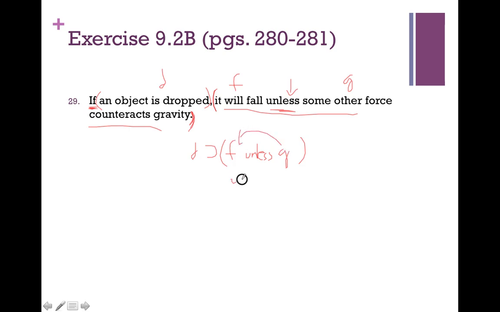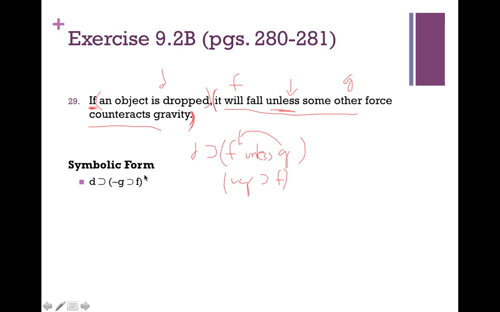So you'd write not G, then F. Why? Because go back to the example I gave a long time ago. I will die unless I receive enough oxygen. That means if I don't receive enough oxygen, then I will die. So this is how you would write this proposition up here, just like this. If D, we'll use a horseshoe, then not G, then if not G, then F. So here's how we would symbolize it.